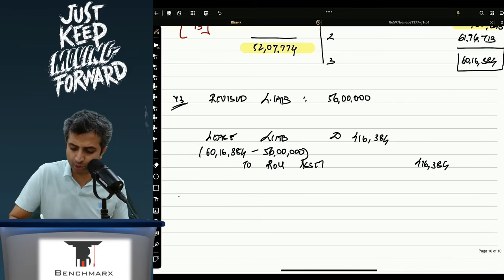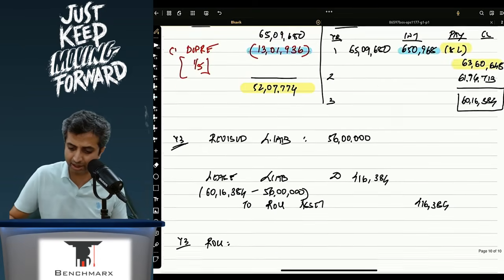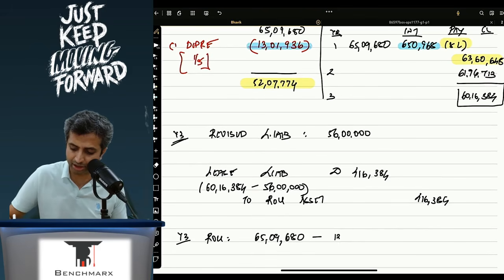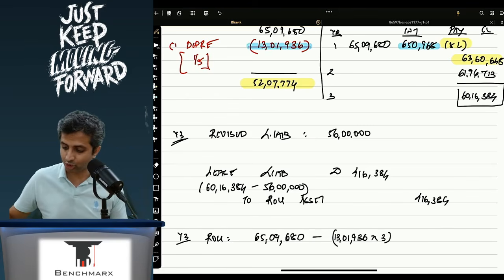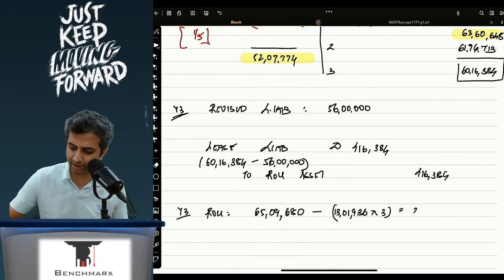16,384. Now, if I go to year 3, what will be my ROU balance? My ROU balance would have initially started at 65 lakh 9,680 minus each year you would have depreciated 13 lakh 1,936 into 3 years of depreciation, and hence your ROU asset would be, I believe, 26 lakh 3,872.